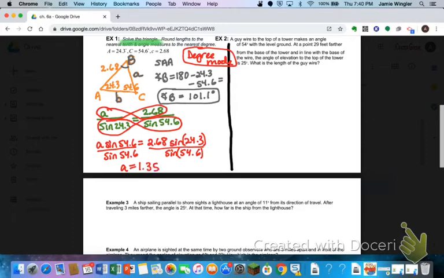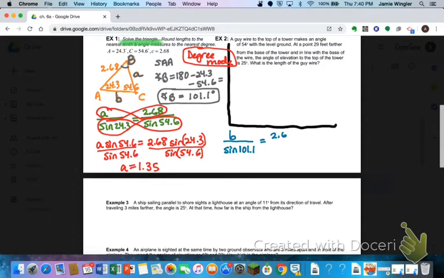Now I'm going to have to find side B. To find side B, I'm going to take B and put it over the sine of B, which was 101.1, and set it equal to another side.